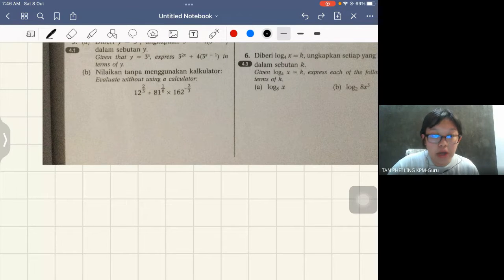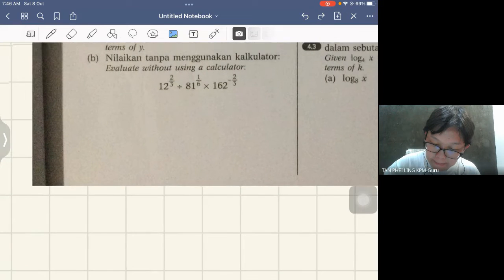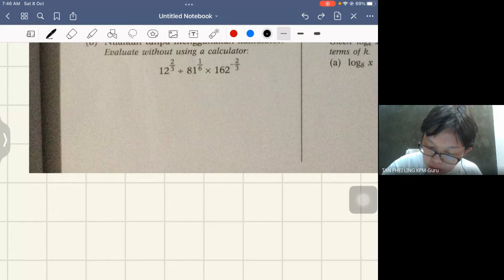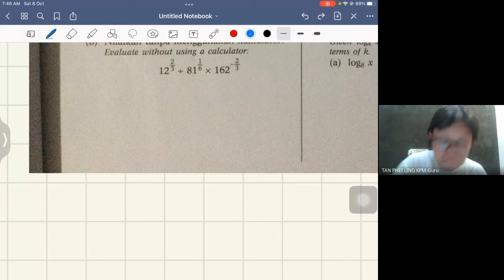So you will have 12 to power 2 over 3. Let us solve this question together. I'll use a blue color pen. So 12 power 2 over 3. Like the other day we solved, without using a calculator it's a must for us to expand everything that we know.